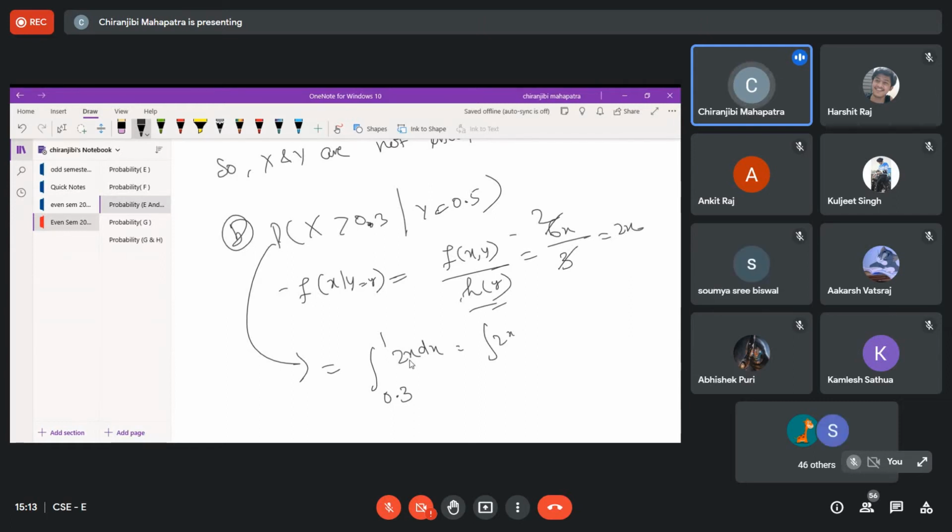Integration of 2 into x square by 2, from 0.3 to 1. So 1 minus 0.09, that will be equal to 0.91. So this will be the answer.